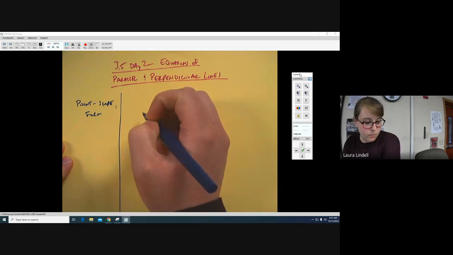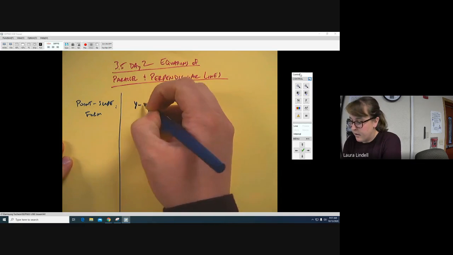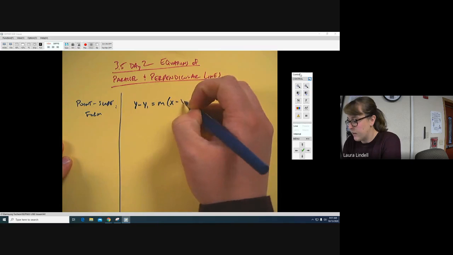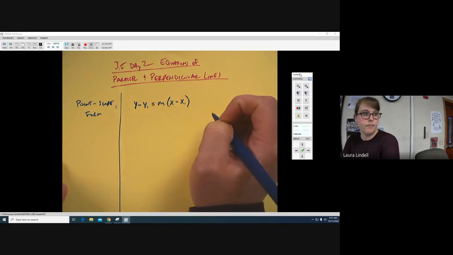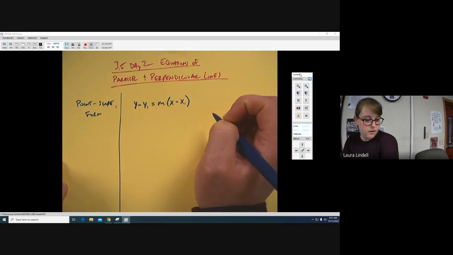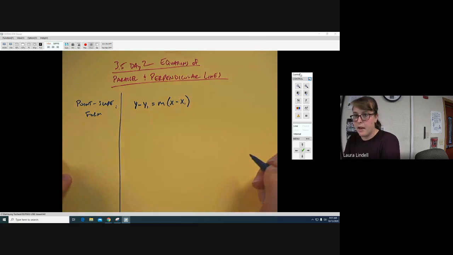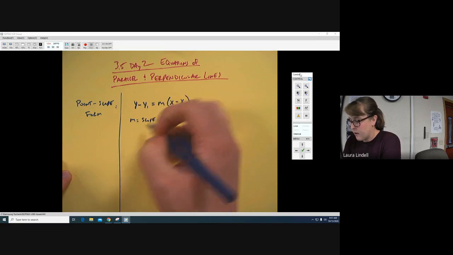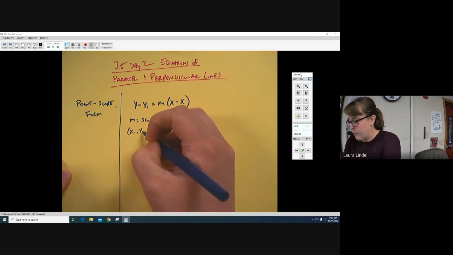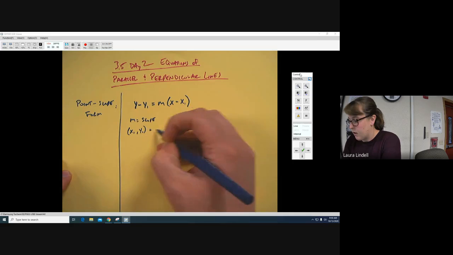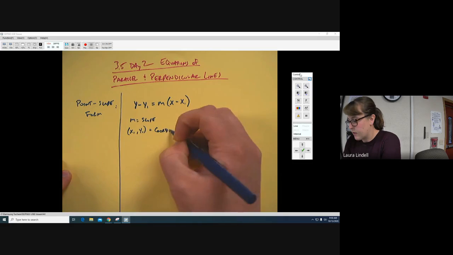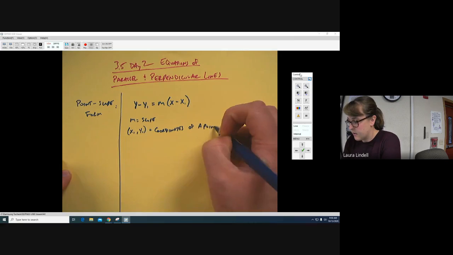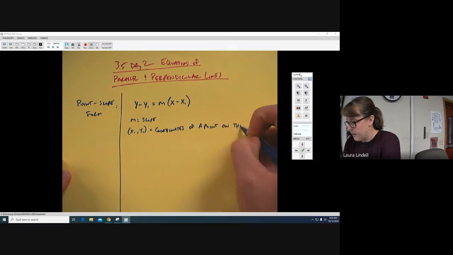So point slope form is the format y minus y1 equals m times x minus x1. Okay, and in this one, m is the slope, and x1 and y1 are coordinates of a point on the line.